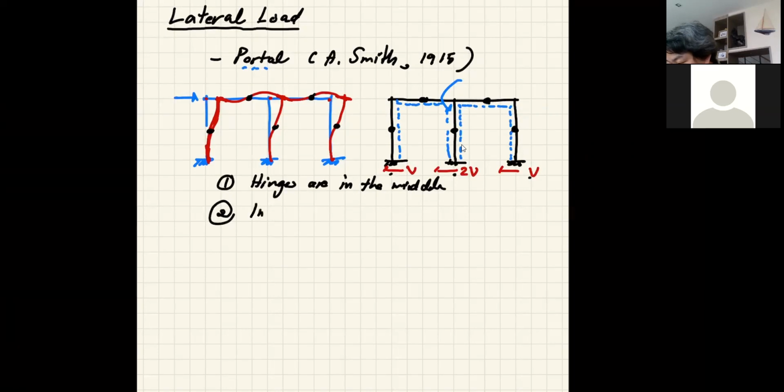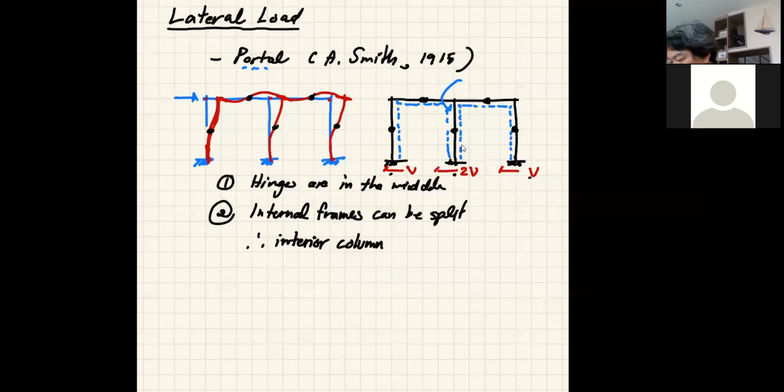Say internal frame can be split, and therefore interior columns are basically equal to 2 exterior columns.